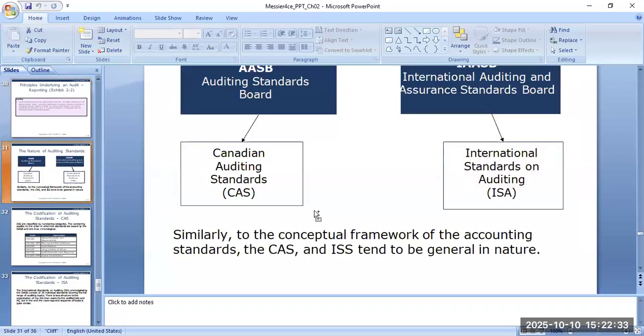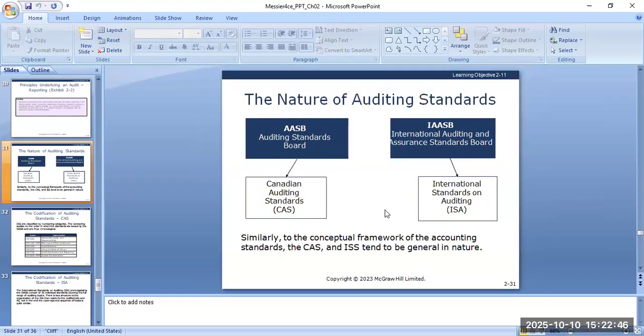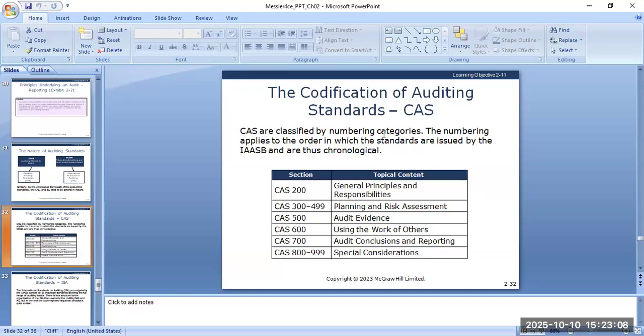Now, once we get to this, we're going to see the nature of the audit standards. Again, we have audit standards for Canada, and we have the international audit standards. Now, in the Canadian standards, we're going to have sections.